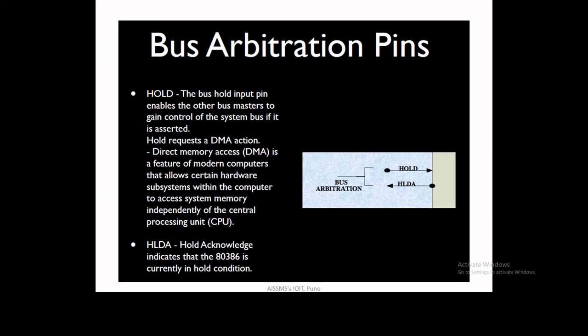It means the 80386 processor can give its data bus or address bus to the other, external bus masters also. When this pin is enabled, the other bus master can gain control of the system bus.